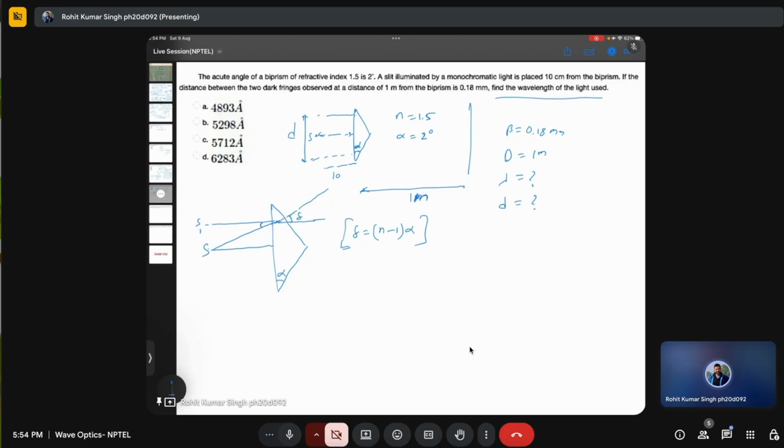And this angle will be equal to this angle, right, opposite angles. And since we are considering very small distances, this delta will correspond to this distance S1s, right?